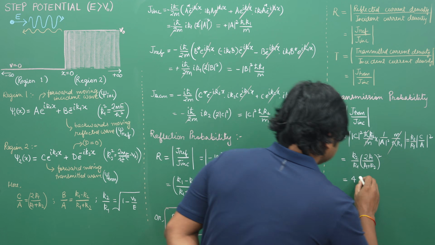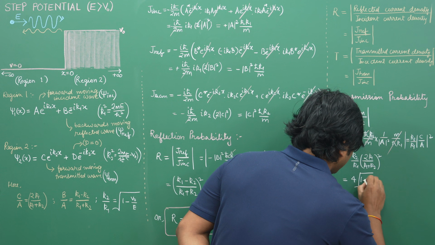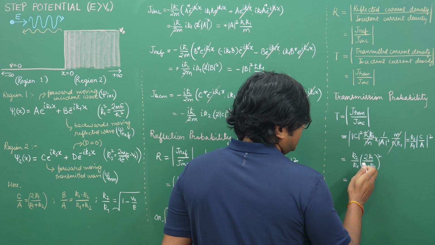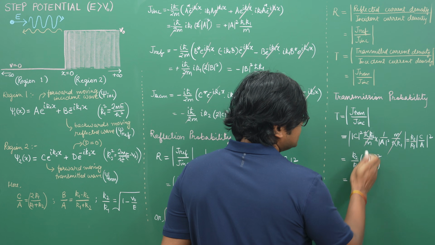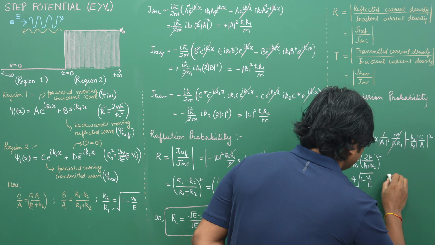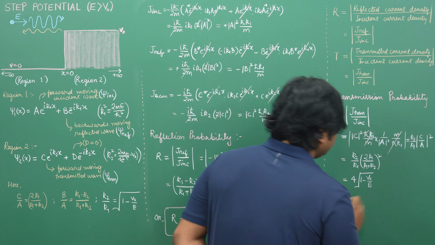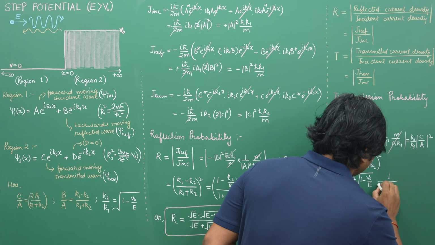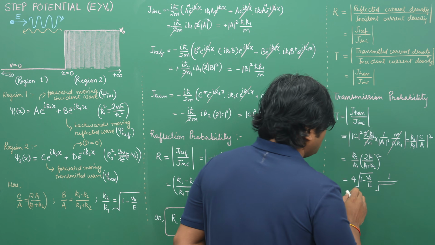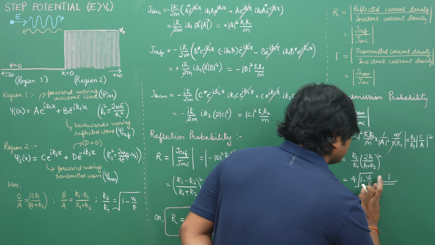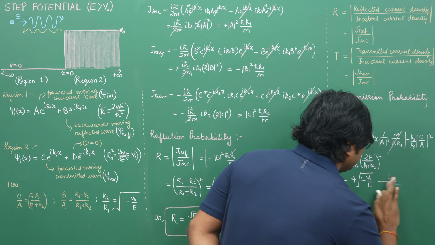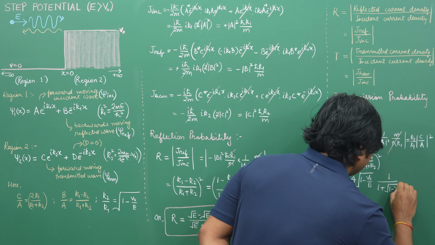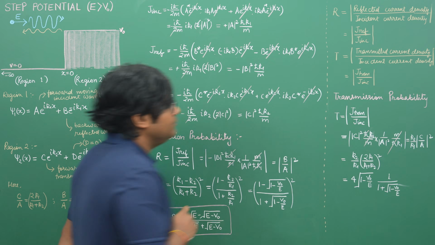K2 upon K1 is root over 1 minus V naught upon E. Again, if I take K1 common, it will get cancelled. So I should be left with 1 upon 1 plus K2 upon K1, so 1 plus root over 1 minus V naught upon E, in this manner.